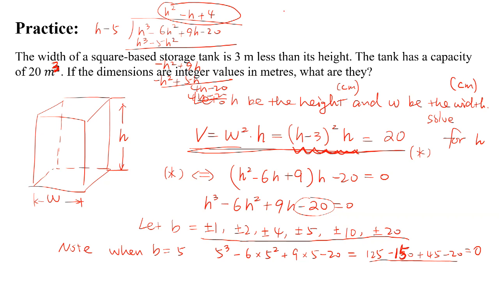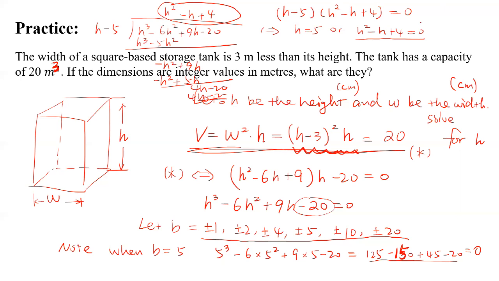Okay, so that means h minus 5 times h squared minus h plus 4 equals 0, right? So that means h is 5, or h squared minus h plus 4 is 0, right?